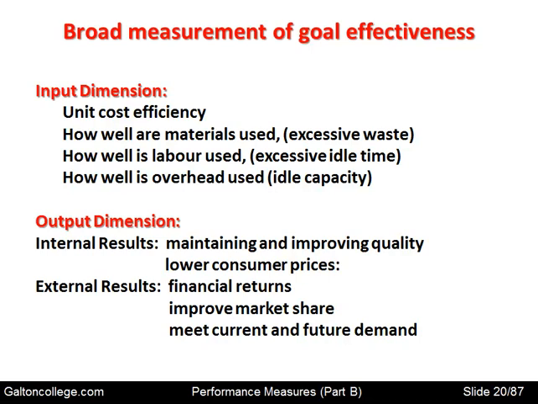So we can imagine measurement goals aimed at the input, looking at unit costs and trying to work out the unit cost of the business, the unit cost of the products that it produces, looking at the materials, the labour, the overheads and so on, and also the output dimension, looking at the quality issues and the price of the product, and also the external factors that impinge upon the business.